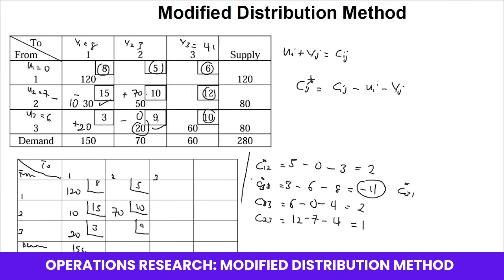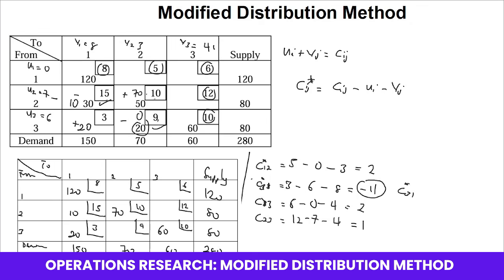Here is 150, 70, 60, 280. We have 80 here, 80, 120. So the rest remains unchanged. Yes, so this is our new table.